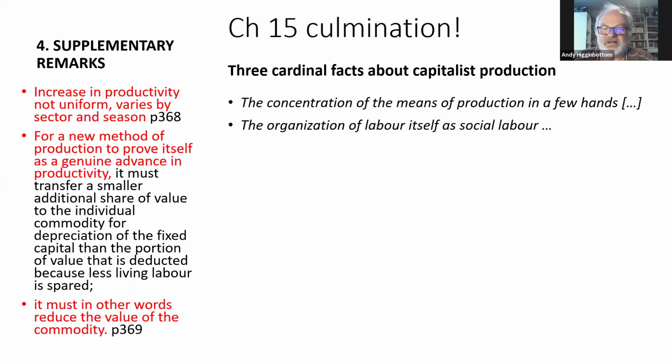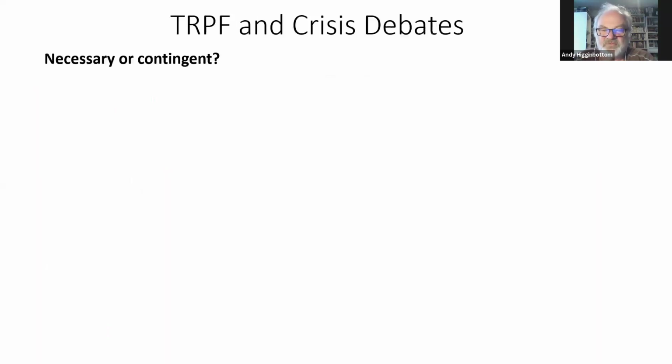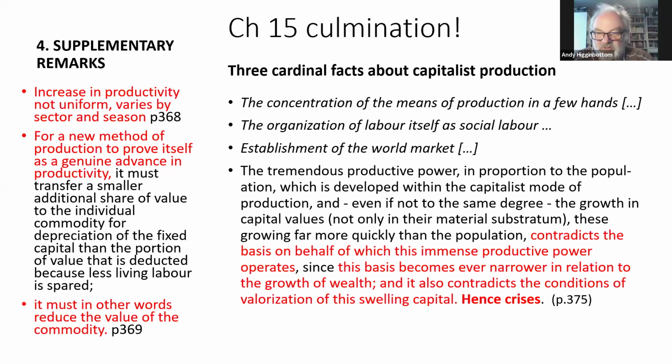The cardinal factors about capitalist production: the concentration of the means of production, the organization of labor as social labor, the establishment of a world market, the tremendous productive power in proportion to the population, which is developed within the capitalist mode of production, and, even if not to the same degree, the growth in capital values, these growing far more quickly than the population, contradicts the basis on behalf of which this immense productive power operates, since this basis becomes ever narrower in relation to the growth of wealth, that is, new living labor.